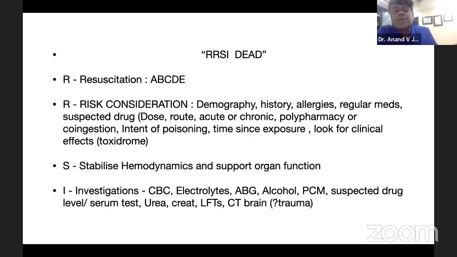Once these two things are done, you have to go for stabilizing the hemodynamics and organ support. Many a time what happens is, once ABCD is done and circulation is there, everybody goes away. Nobody is there with the patient except the poor little nurse standing there looking here and there, not knowing what to do.